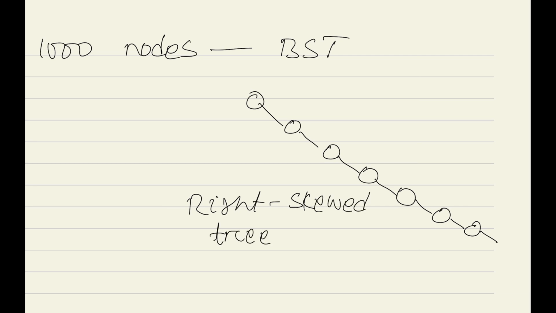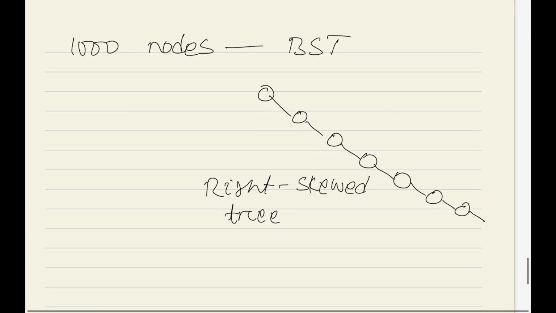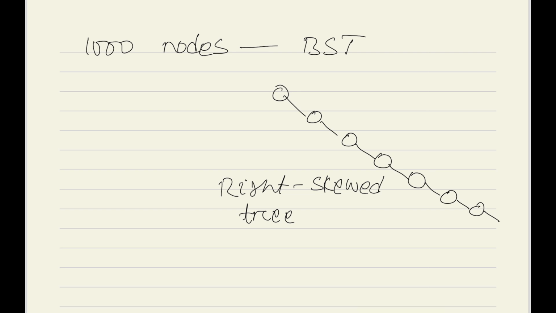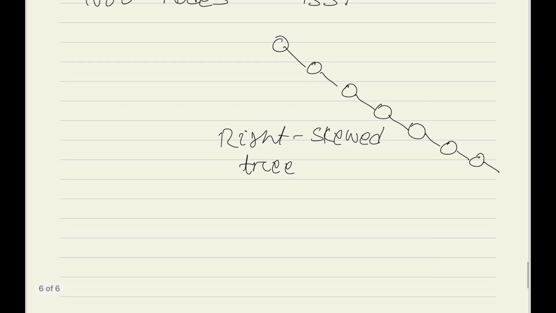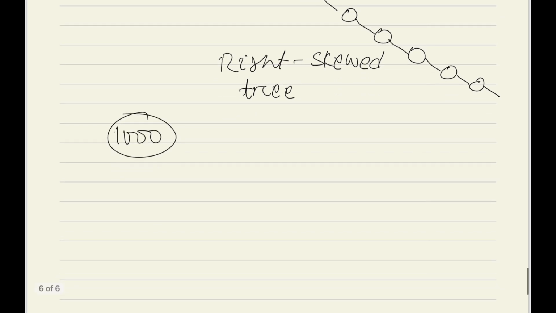If the structure is like this and 1000 nodes are there, the number of comparisons to find whether one element is present or not is order of n, or we can say it is 1000.